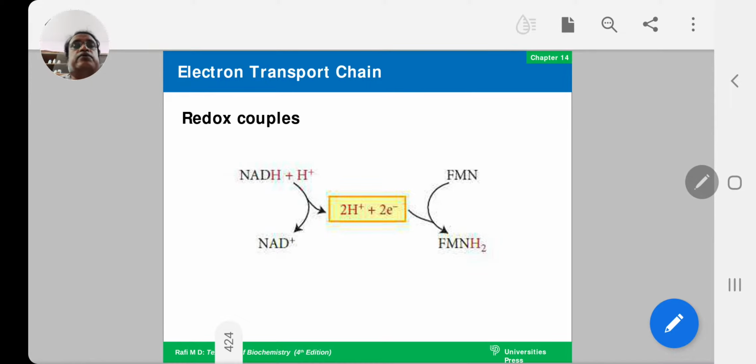So, what is electron transport chain? A series of electron carriers in the inner mitochondrial membrane.